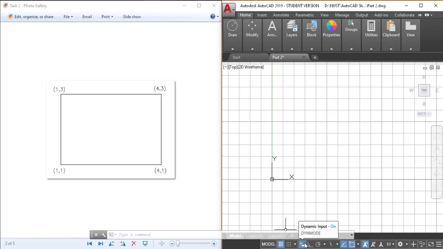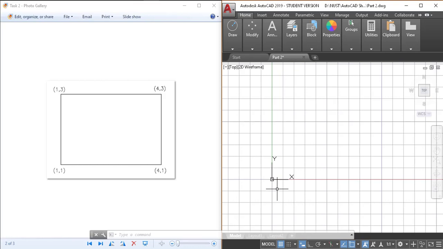Let me just revise the difference between the absolute coordinate system and relative coordinate system. In absolute coordinate system, the point which we give is always with reference to the origin, which is 0,0. This is the origin.